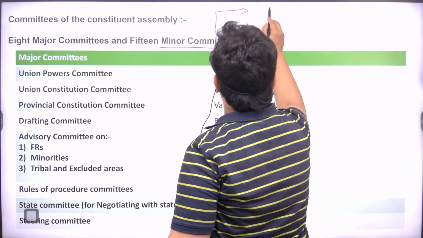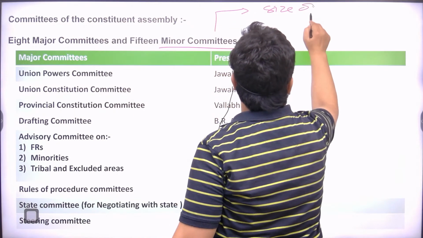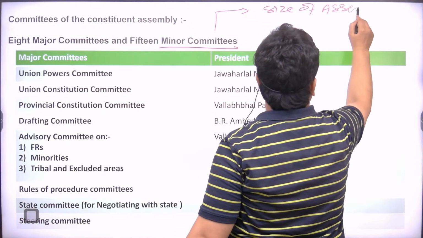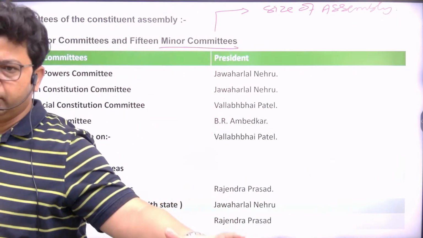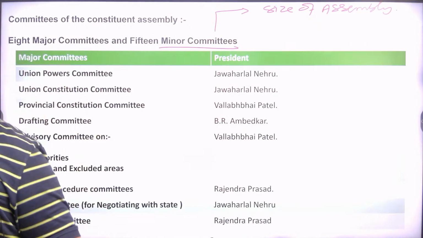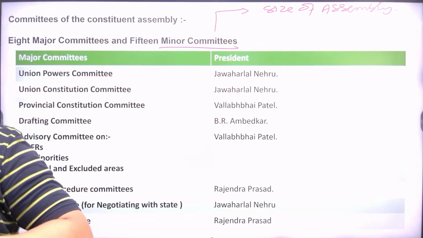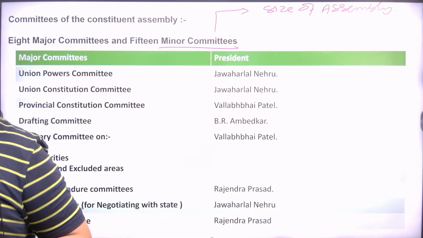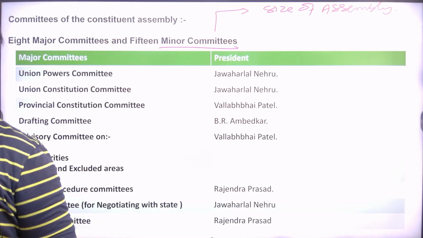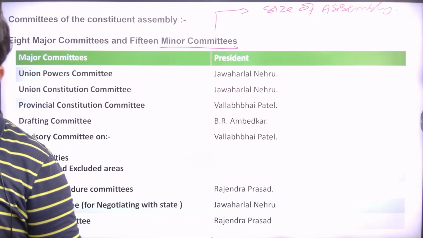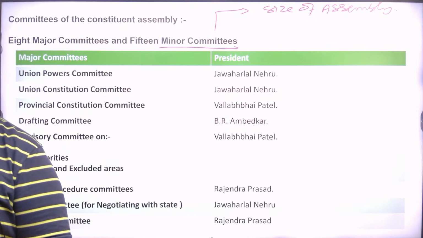First is the size of the assembly. The assembly being very big, around 400 (earlier it was around 389 members, reduced to 299, so around 300 members), it is not a comfortable house to deliberate on any subject matter.